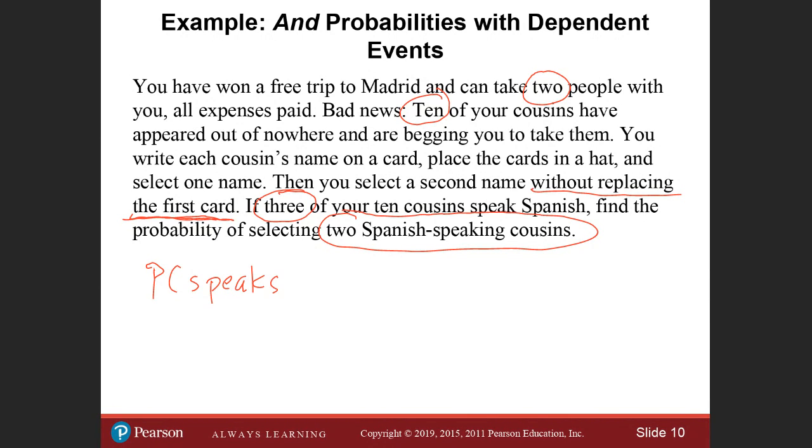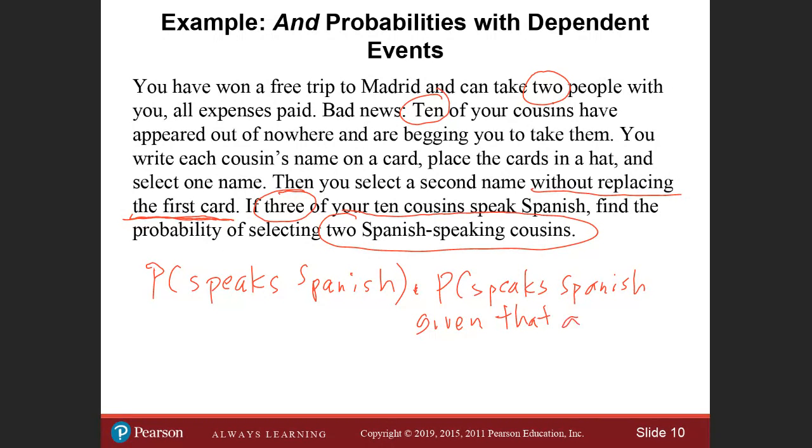So the one that speaks Spanish, which is 3 over 10, times the probability you have speak Spanish here, given that a Spanish cousin was selected first.